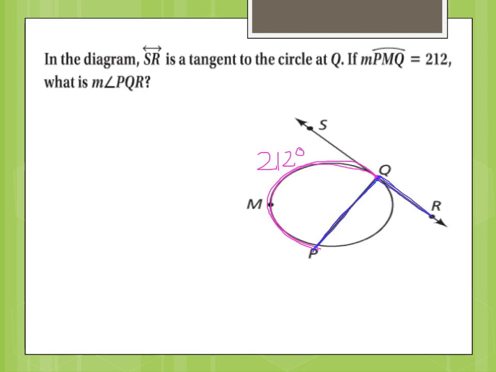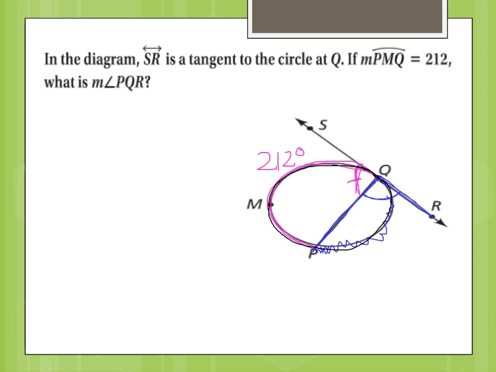Well, when I look at this picture, there are two ways that I could figure this out. I could figure out what this arc is, and that would help me figure out the angle. Or I could figure out what this angle is, and that would help me figure out my angle. Either way, you're going to get the same answer. I'm going to figure out what this arc is, because in a whole circle, if I start at Q and go all the way around, that would be 360.